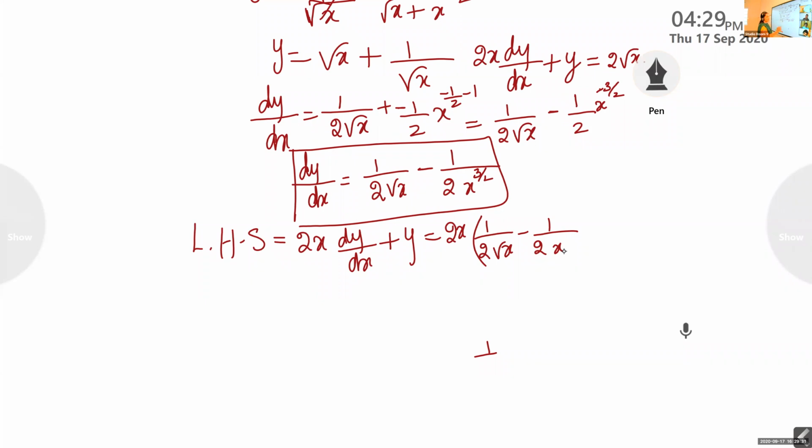Listen children, this x raised to 3 by 2 means 1.5. What is 8 raised to 3 by 2? Or 4 raised to, sorry, what is 4 raised to 3 by 2?